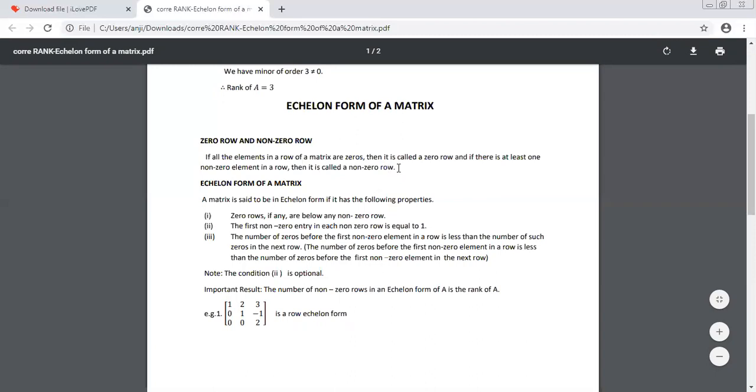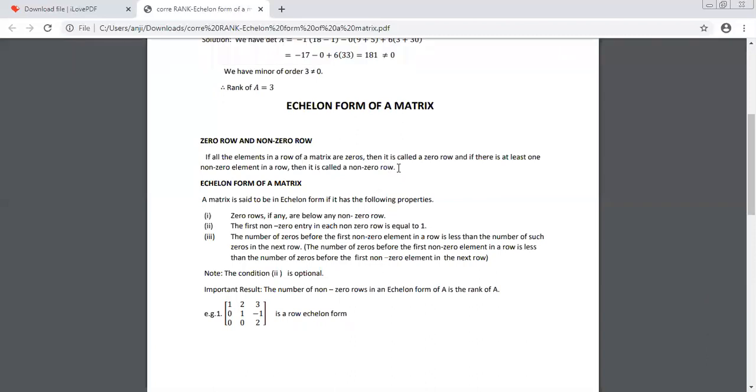So simply, take any matrix and select one row. If all elements in that row are zeros, then it is a zero row. If you find at least one non-zero element in a row, then the row is a non-zero row.